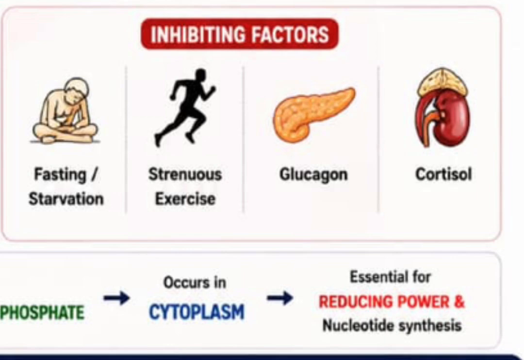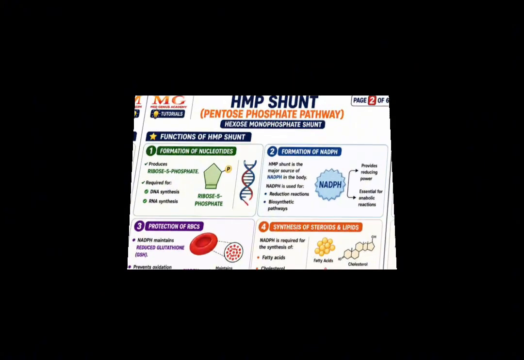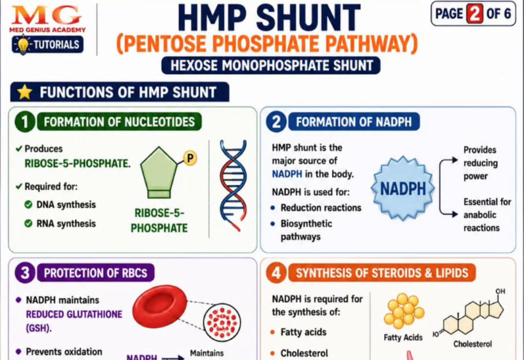So now, what is the function of HMP shunt? Why is there HMP shunt? Why is it important for the body? Number one, I told you, formation of nucleotides. The ribose sugar here, which is ribose phosphate, is important in nucleic acid formation, DNA and RNA synthesis.